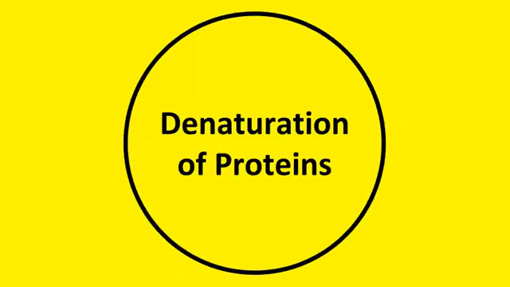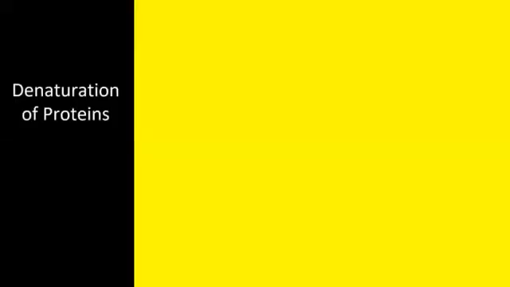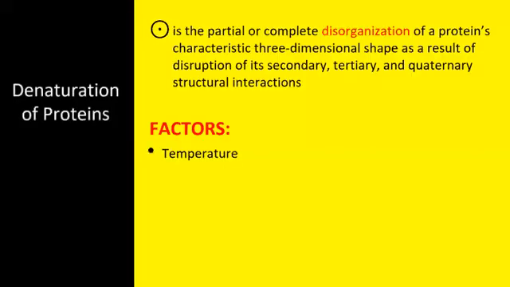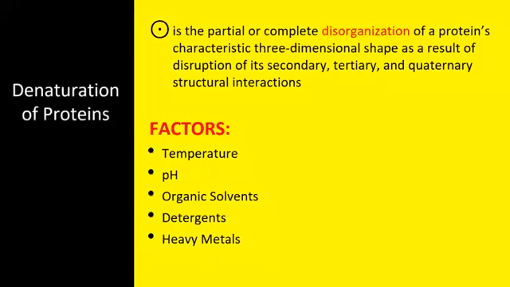There are times, class, that our proteins will denature. So what is this phenomenon? What can be the factors involved in the denaturation of proteins? This is the partial or complete disorganization of a protein's characteristic three-dimensional shape as a result of disruption of its secondary, tertiary, and quaternary structural interactions.